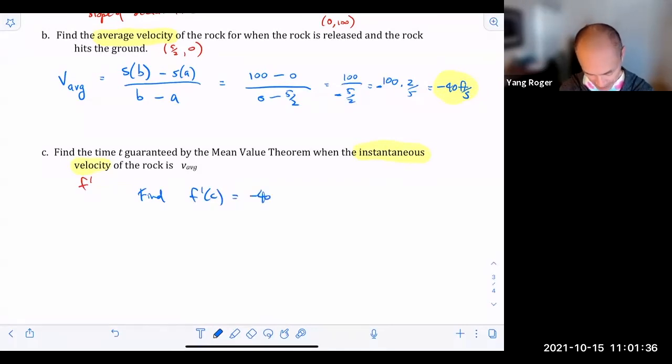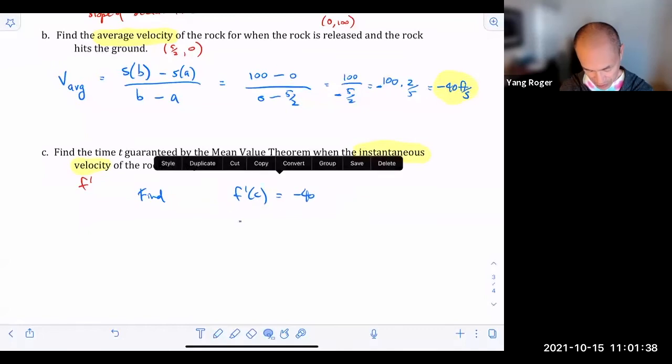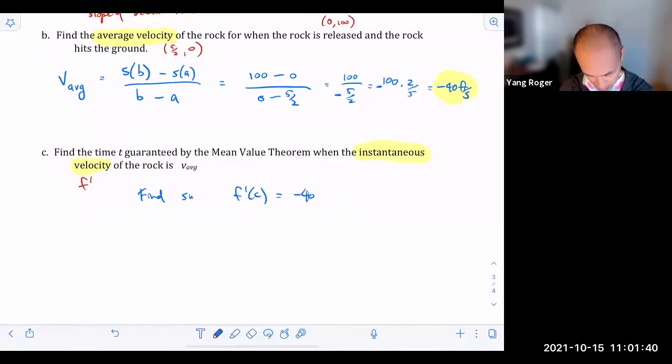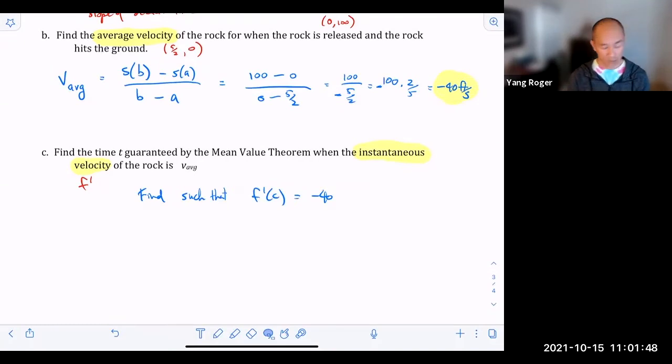We want to find c, I should say, such that that's true. Does that make sense to everybody or not? So this is the average velocity right here. This is the instantaneous velocity. We want those two things to be equal. We want to find the c that makes that work.